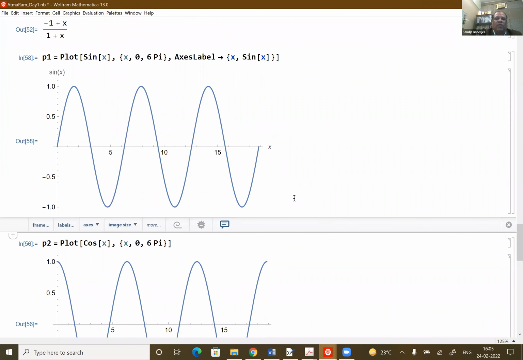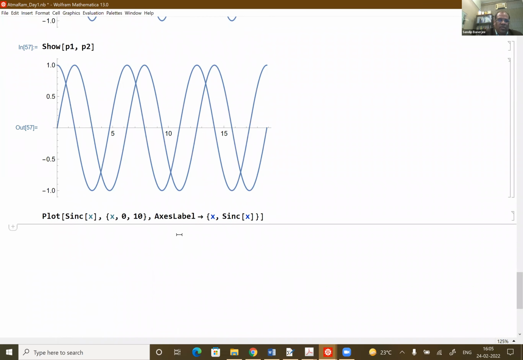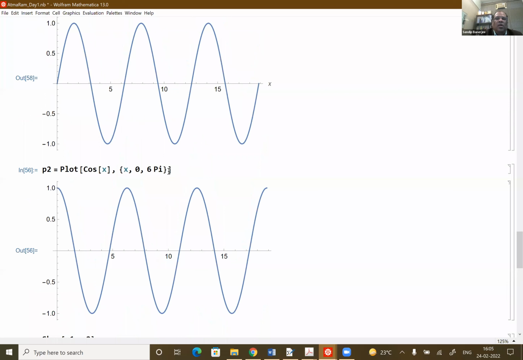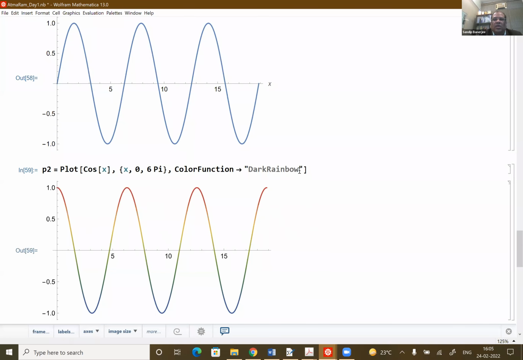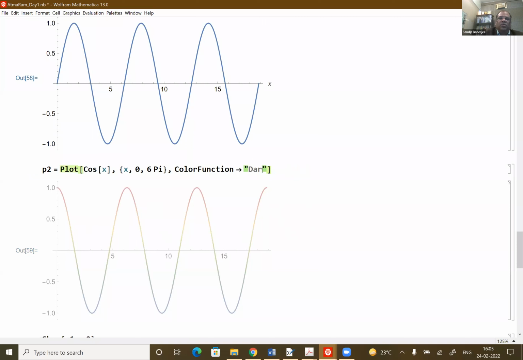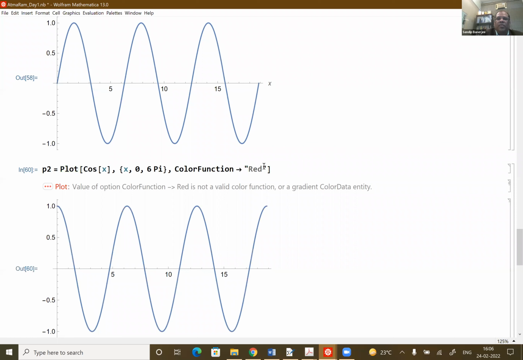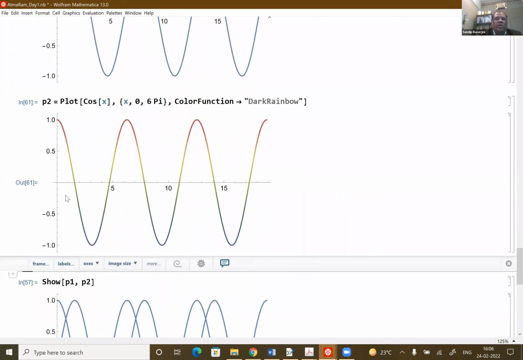So if I want a color function, it will just change the color. It is dark rainbow, and you got something like this. Let's see if we change to a simpler one. Dark rainbow. Yeah.